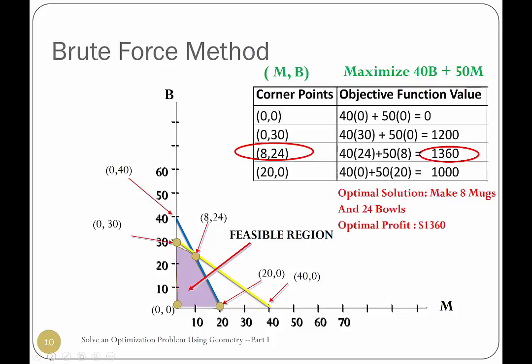If you notice, we have never used the objective function as part of the graphical procedure actively. We never drew an objective function on this graph, other than using it to evaluate the corner points. So in part 2, I will show how to add the objective function to this graph and how that can be helpful to identify the optimal solution.